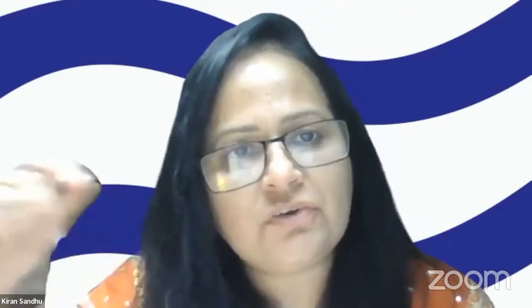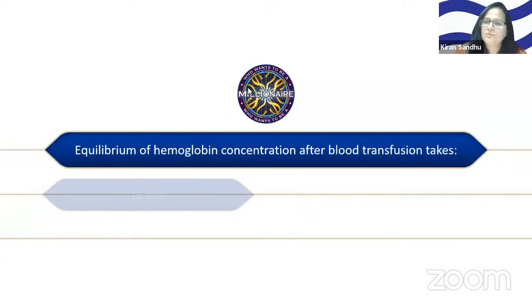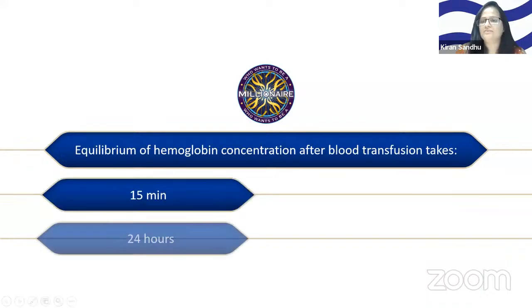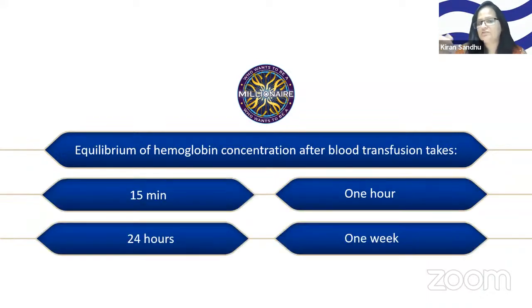So the question to the audience, and you can keep posting the answers in the chat box: once you transfuse the blood to a patient, how much time do you think it takes to equilibrate hemoglobin after a blood transfusion? Do you think it is 15 minutes? 1 hour? 24 hours? Or 1 week? When we have given the blood, how much time does the hemoglobin concentration take to equilibrate?